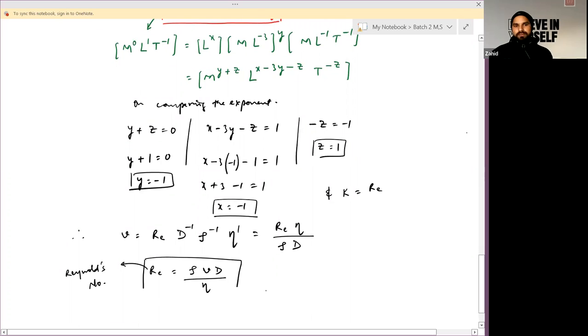So it will be a constant value or dimensionless quantity, just a number, on the basis of which we can define the types of flow of liquid at different extents. So it simply defines the type of flow of liquid.